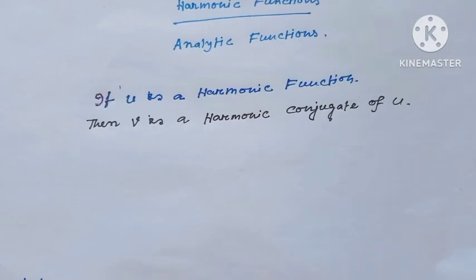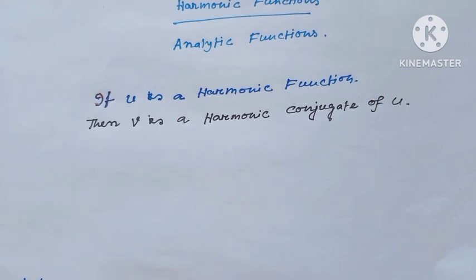And if u is a harmonic function, then v is the harmonic conjugate of u. How we find the harmonic conjugate, I will see a few minutes later.